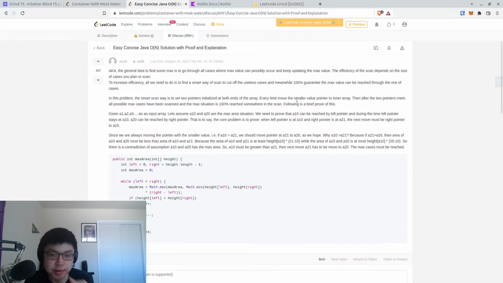Why if the left side is greater than the right side? Because if that doesn't hold, then the area must be less than our current area. And why is that? If this is smaller than this, and we move the other side, then we are decreasing our maximum to some value between 0 and our current minimum.